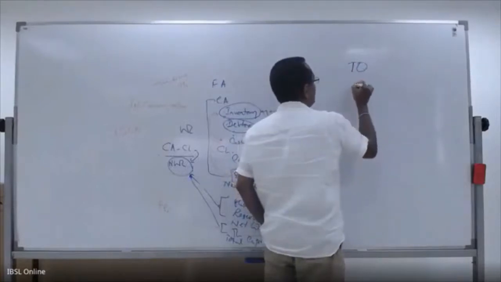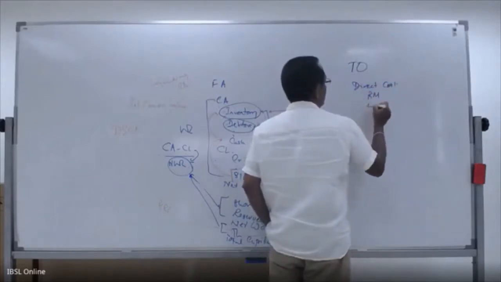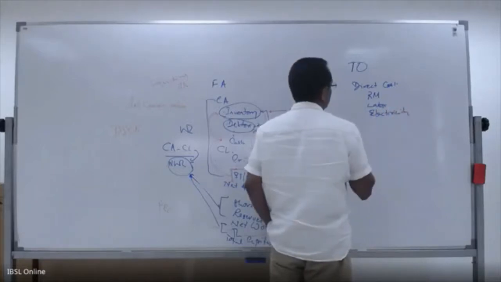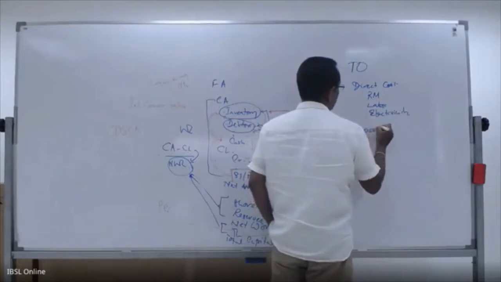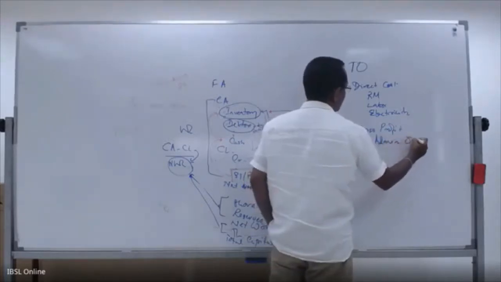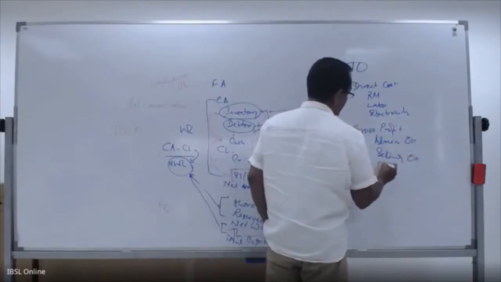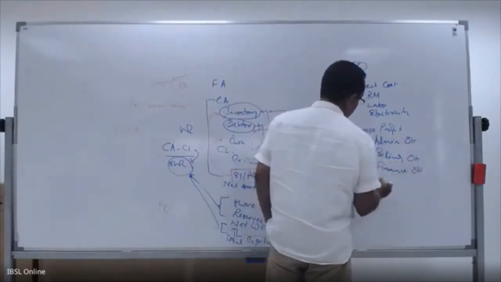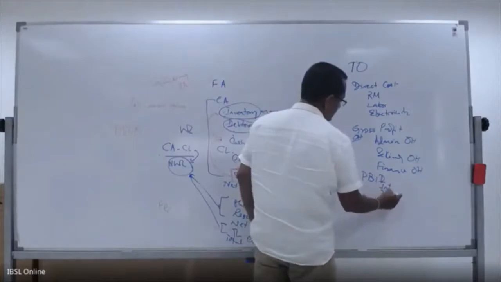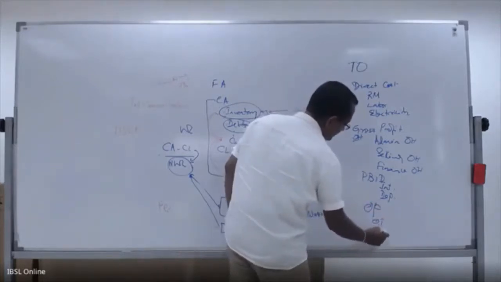Turnover, direct cost, raw material, labor, electricity, gross profit, admin overhead, selling overhead, finance overhead, profit before interest and depreciation, interest, depreciation, operating profit, other income, net profit.